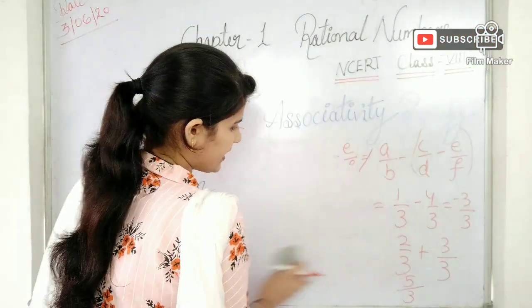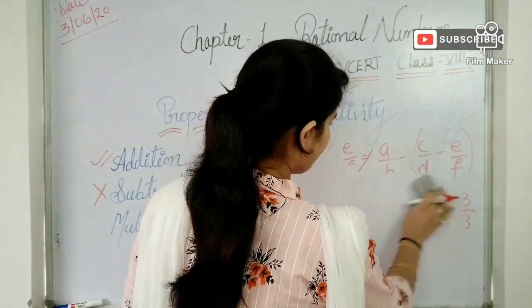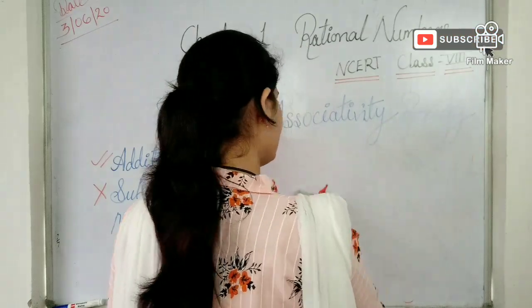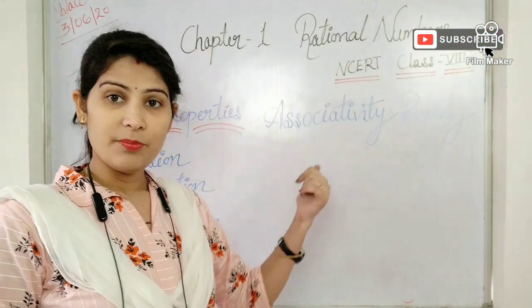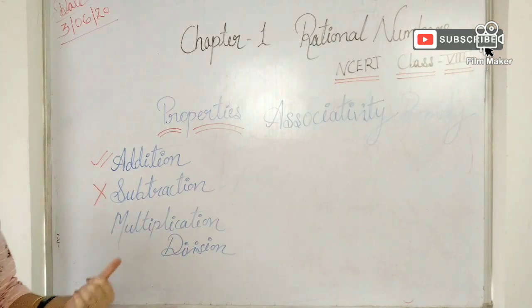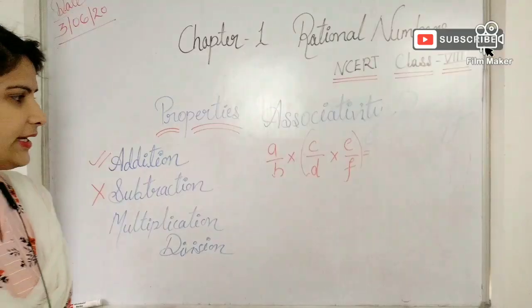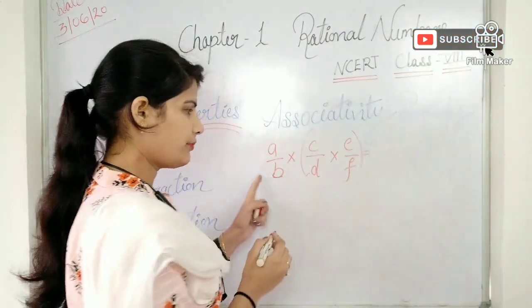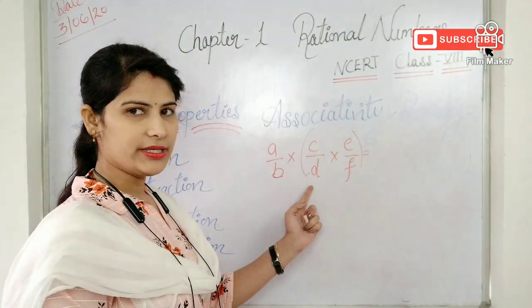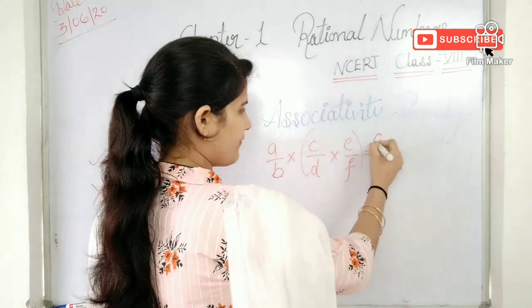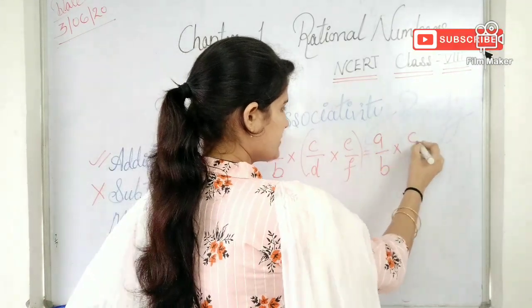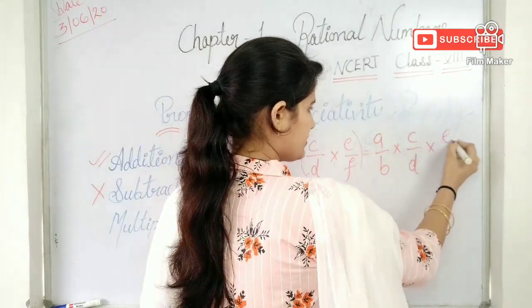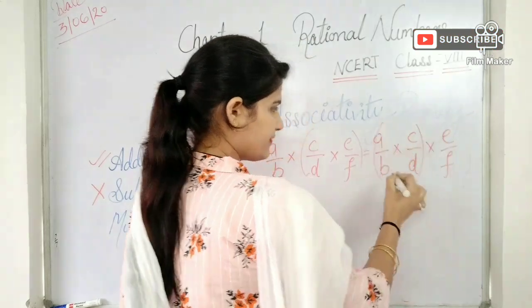Now let us check another property. Another point is multiplication. Is multiplication associative or not? Let us check. Multiplication, a upon b multiply c upon d multiply e upon f. Similarly, solve this first.